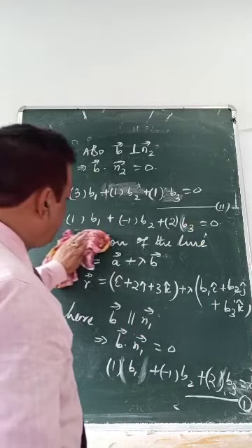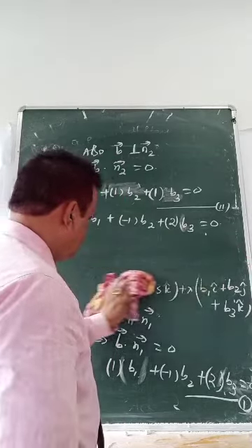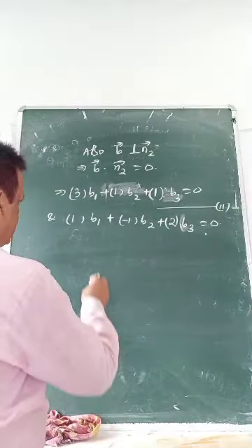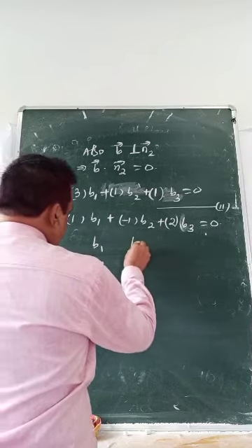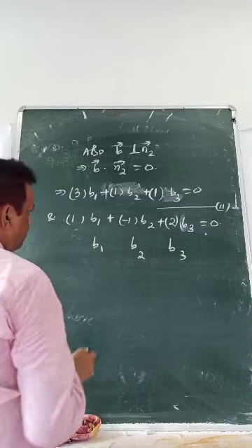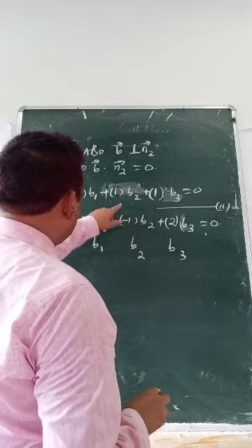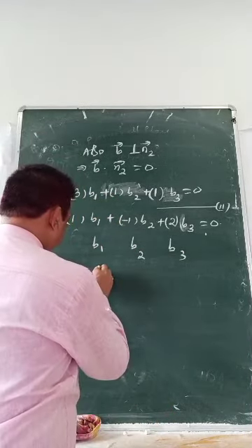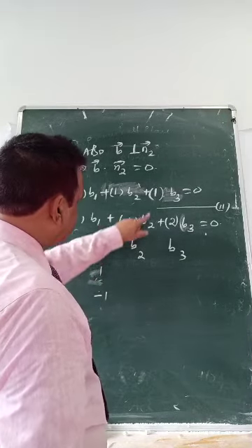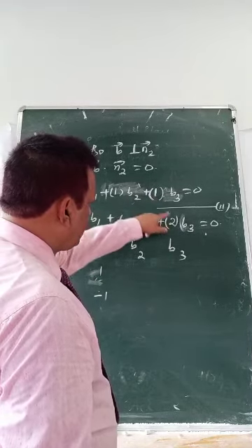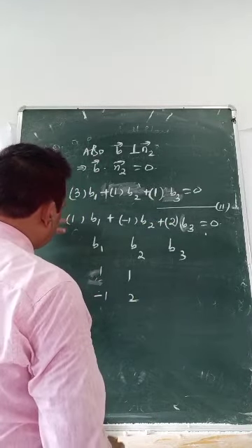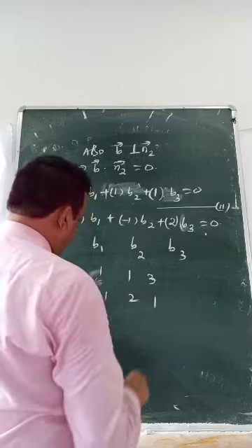The formula I have already told you: b1, b2, b3. Coefficient of the middle terms, that means 1 and minus 1, then coefficients of c1 c2, 1 and 2, a1 a2, 3 and 1, then b1 b2.